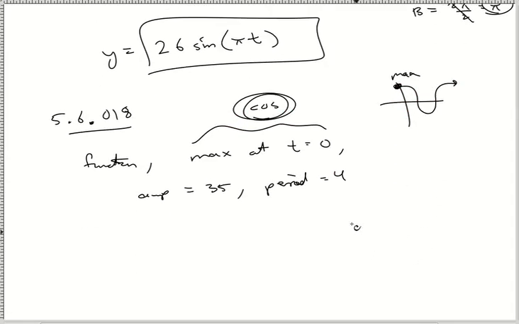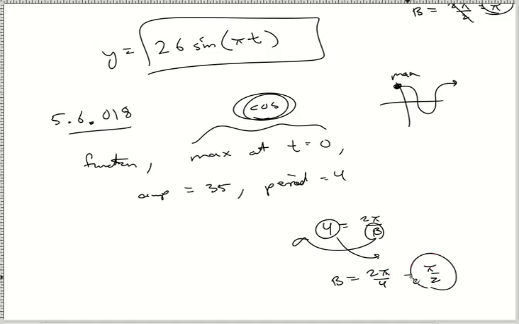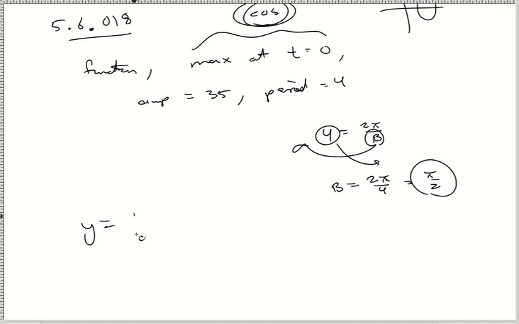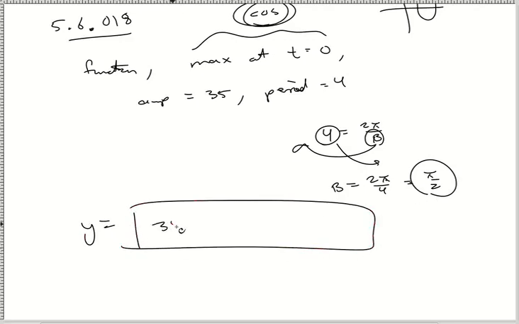Period equals 4, so 4 is equal to 2 pi over b. Again, move these two around. B is equal to 2 pi over 4, pi over 2. So that's going to be my b. So y equals, what goes in the box? 35 amplitude, cosine function, pi over 2 times t. That's it.